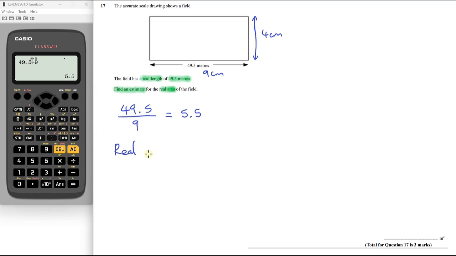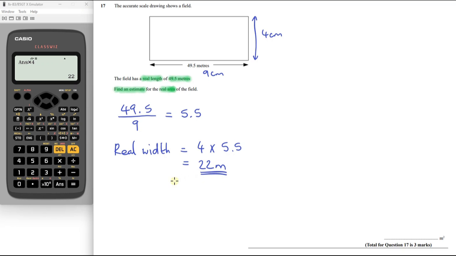We can work out the real width. The real width is equal to 4 multiplied by 5.5, which gives us 22, and that is in meters.